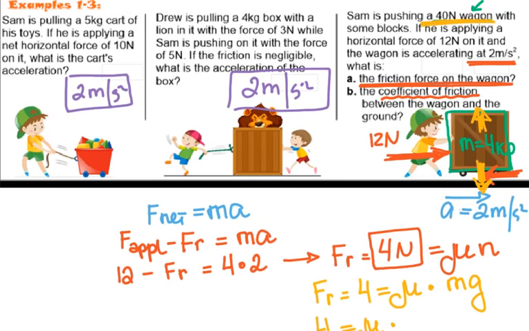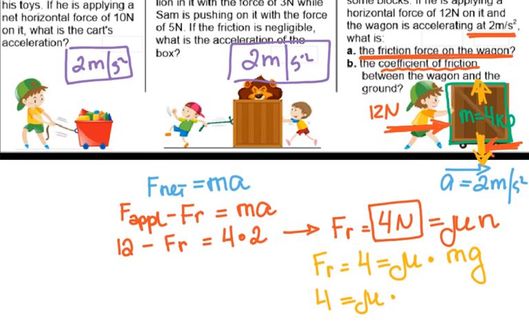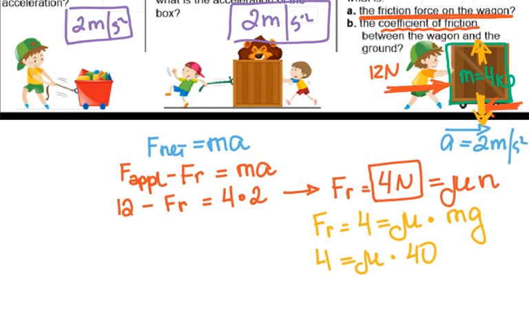They were giving me the weight of the wagon is 40 newtons. So that is the force of gravity. So that is 40. So from here, if I calculate, my mu is going to be 4 divided by 40, which is 0.1. And it doesn't have units. So it's just the proportion of two forces.